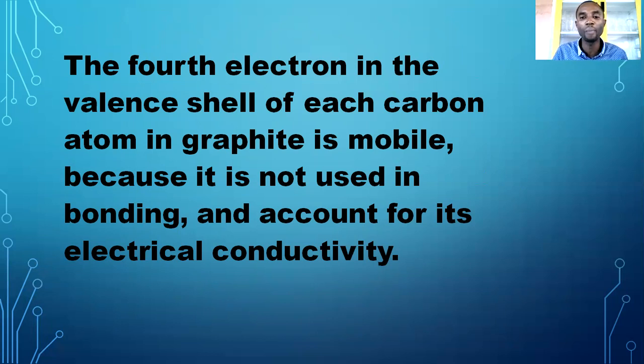That is why we call it a mobile electron. It has 1 mobile electron, and because it's not being used in bonding, it accounts for its electrical conductivity. What does it mean? Diamond cannot conduct electricity, but graphite has a free mobile electron that can move, so graphite can conduct. So it's one of the differences.